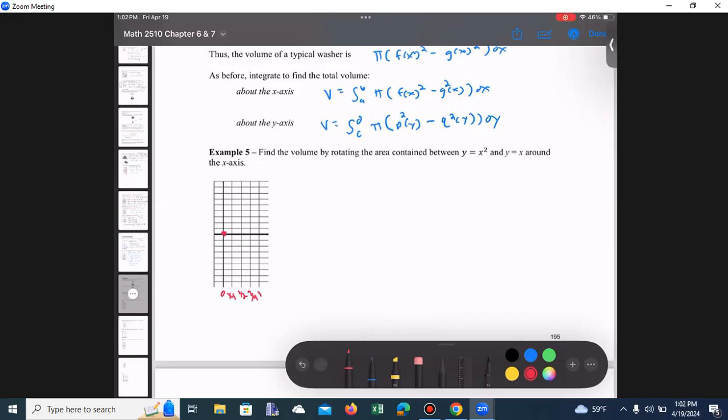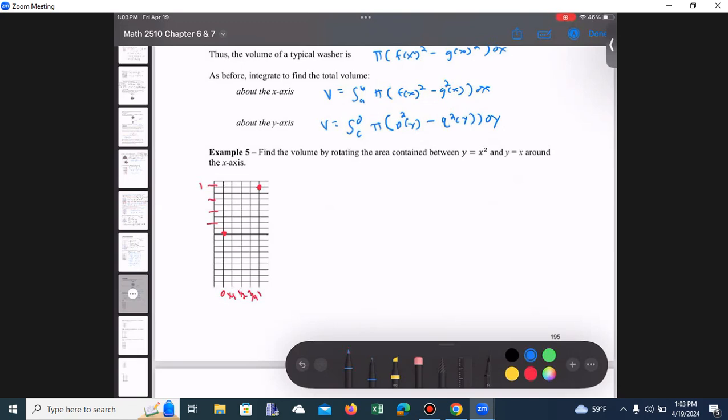So 0, 0 is a point both have in common, and 1, 1. They both end up equaling 1, but they don't fall along the same line.